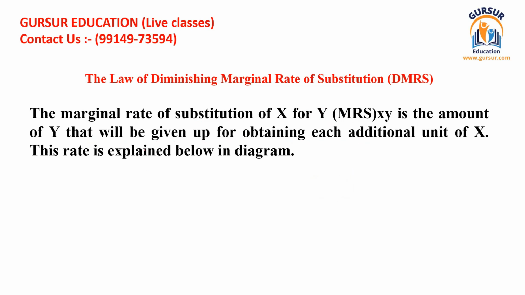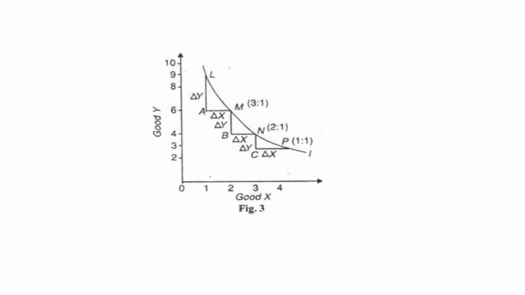So for attaining every additional unit of x, first you were consuming 1 unit of x and 9 units of y. This was your first combination: the first unit of x and 9 units of y.